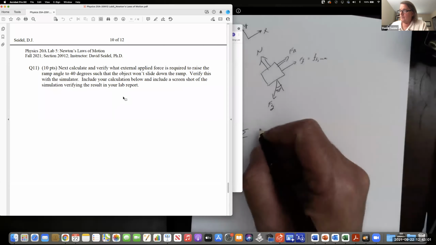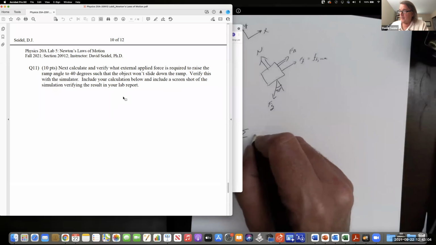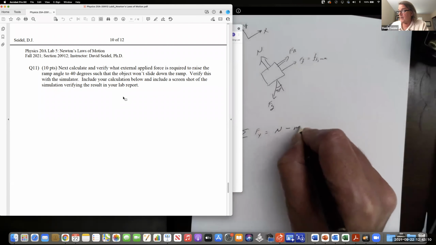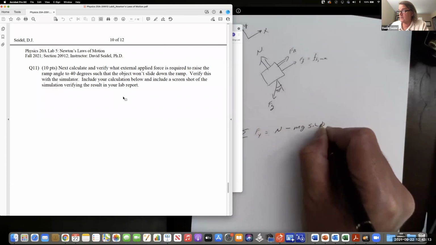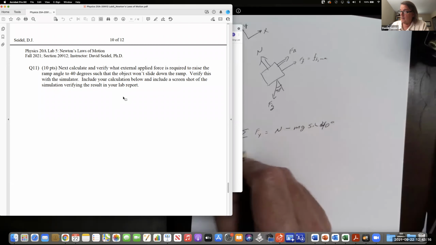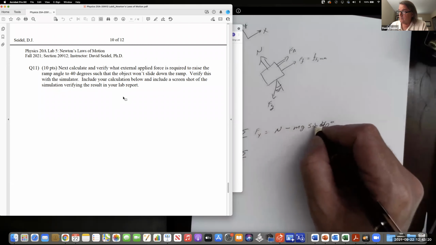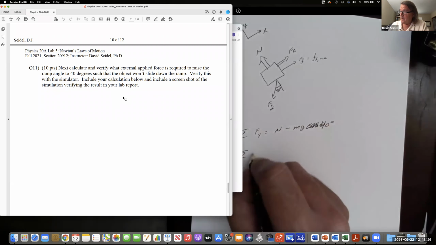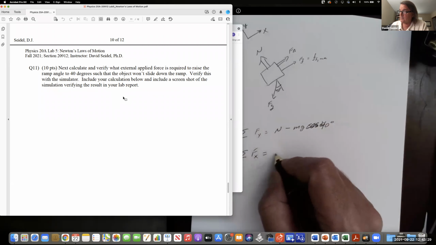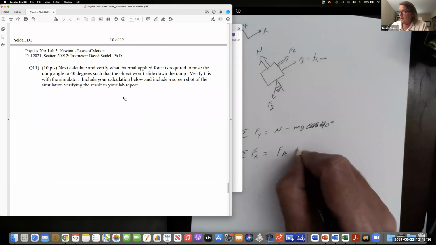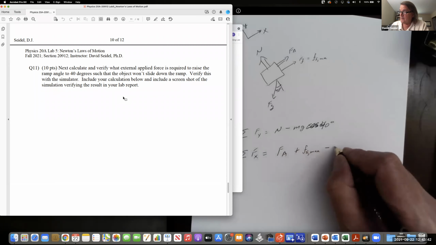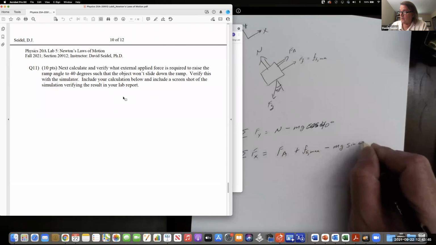The sum of the forces in the Y direction is equal to N minus mg cosine 40 degrees, sorry, it should be cosine. The sum of the forces in the x direction is equal to F applied plus Fs max minus mg sine 40 degrees.